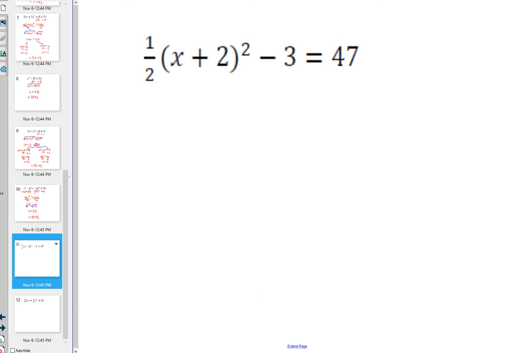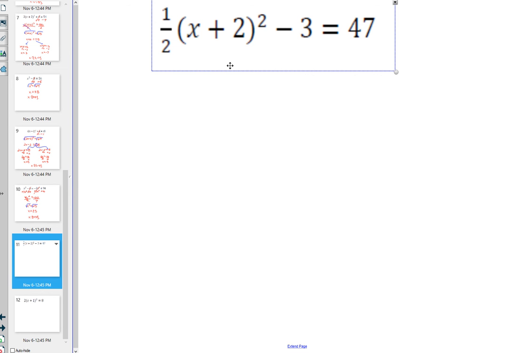Oh no, fraction. See, you can do that one.